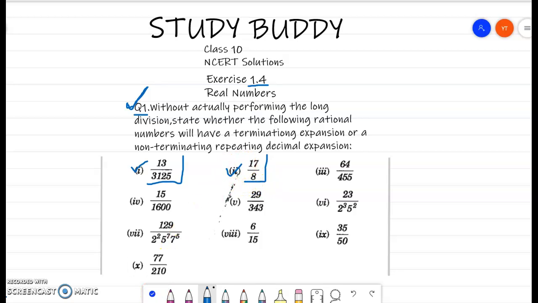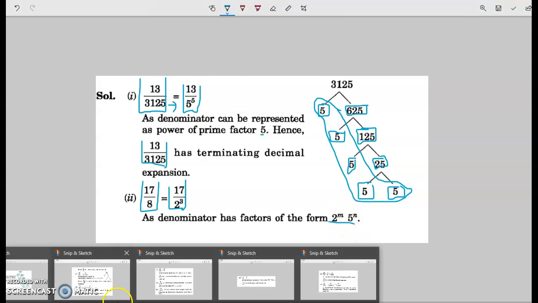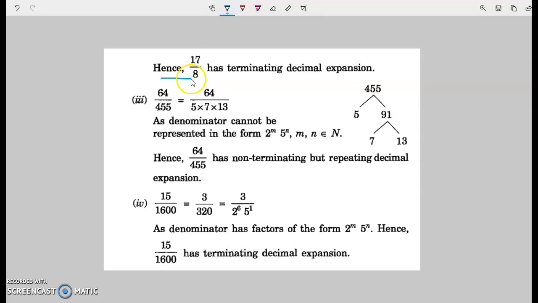For this one, 17 by 8 can be written as 17 by 2 cube. As the denominator has factors of the form 2 power m into 5 power n, this gives us that 17 by 8 has a terminating decimal expansion.